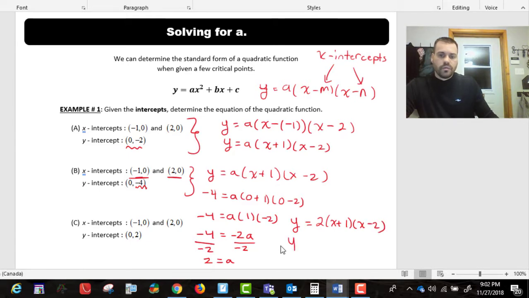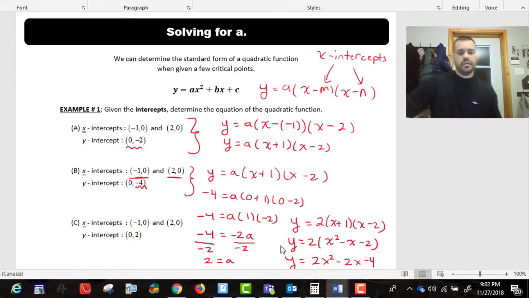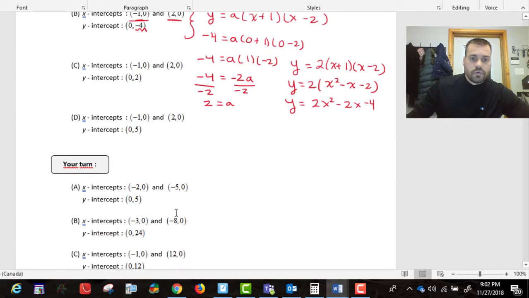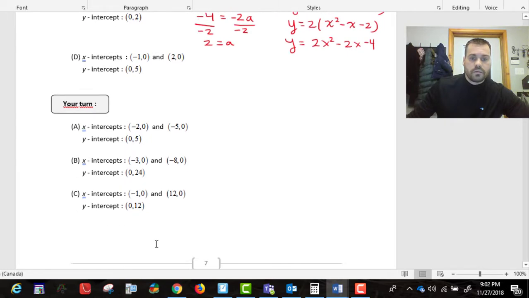Now we know this is x squared minus x minus 2 because we just multiplied it out in the last question. So we just multiply that by 2 and get 2x squared minus 2x minus 4. So if the y-intercept doubled, that's how we end up there. And then you can try the other ones on your own. They're the same kind of idea, and there's more of them here.